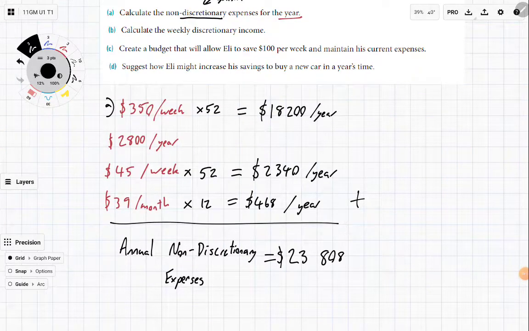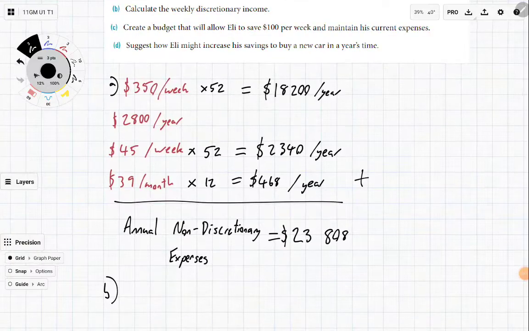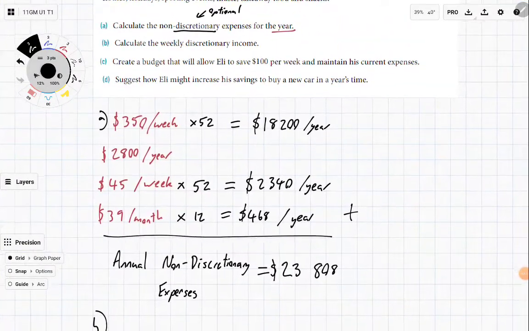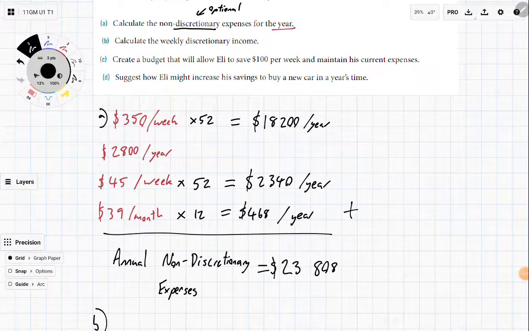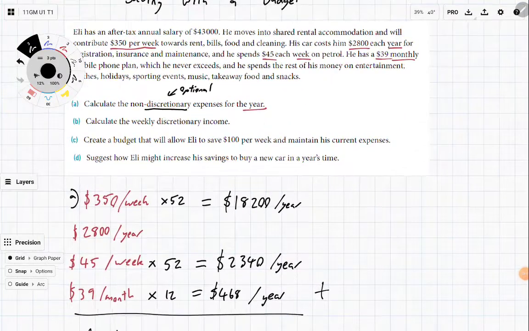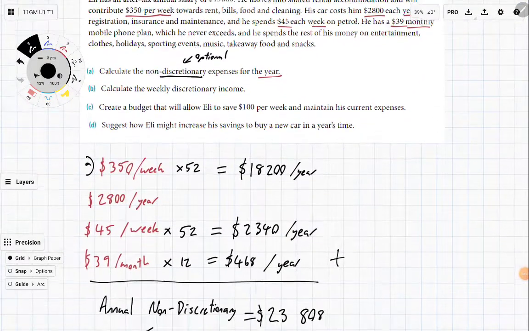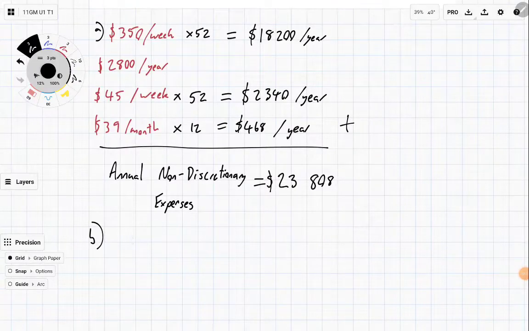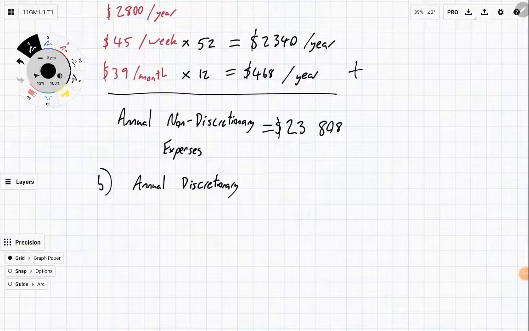So B, it says, calculate the weekly discretionary income. Well, discretionary means that it's after all of the non-discretionary stuff. So his current salary is $43,000. So this is his annual discretionary income.